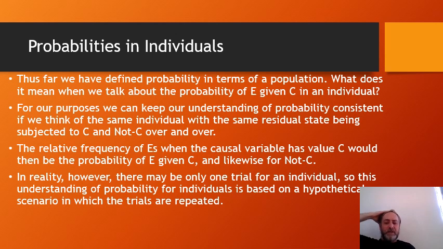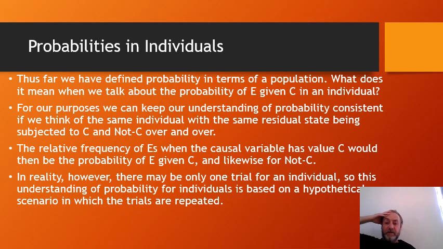There are different ways you can interpret probability, and that's getting a little more philosophical than we will get in this course. But you might think about it this way. You can still think of the same individual as having the same residual state, of all the other blondness, blue eyesness, or whatever, and just being subjected to C and not C over and over, multiple times. If you need to think of it as different alternate worlds, that's fine.